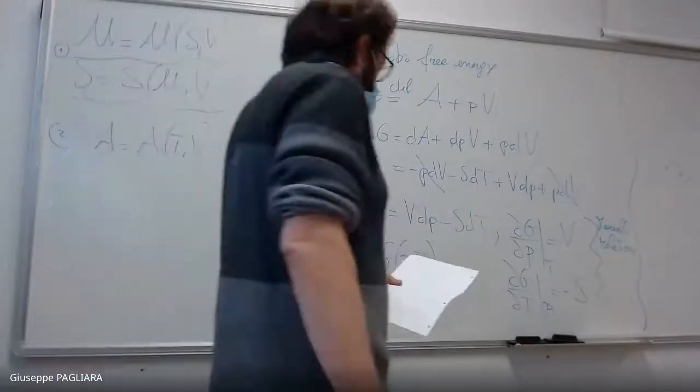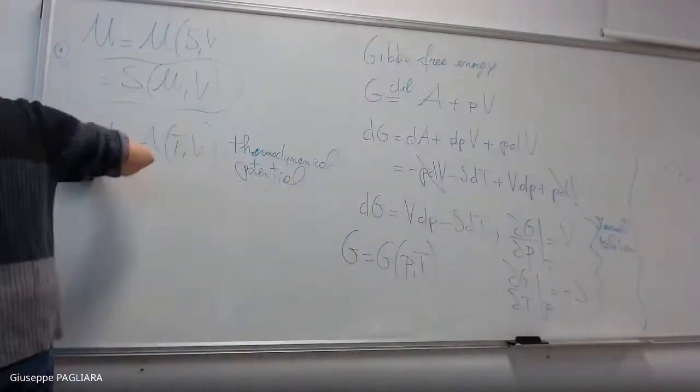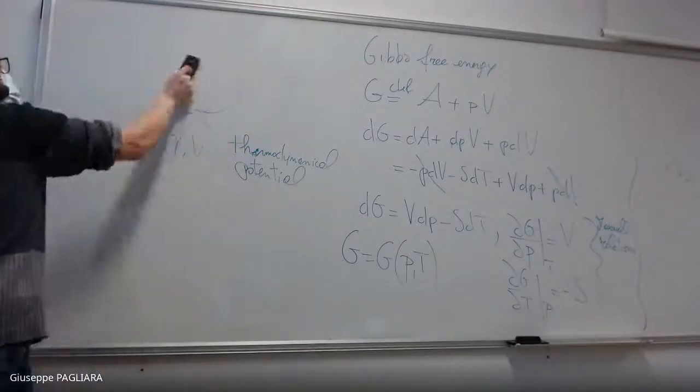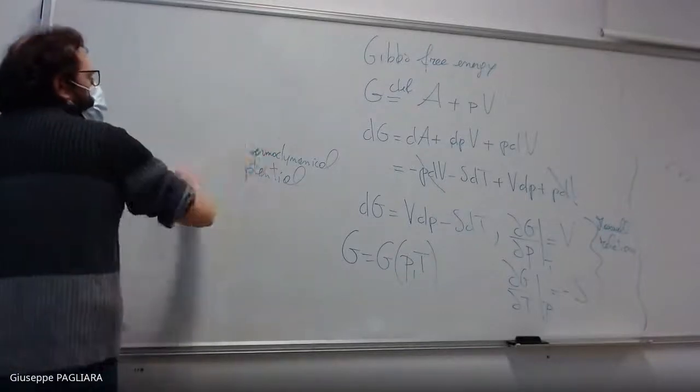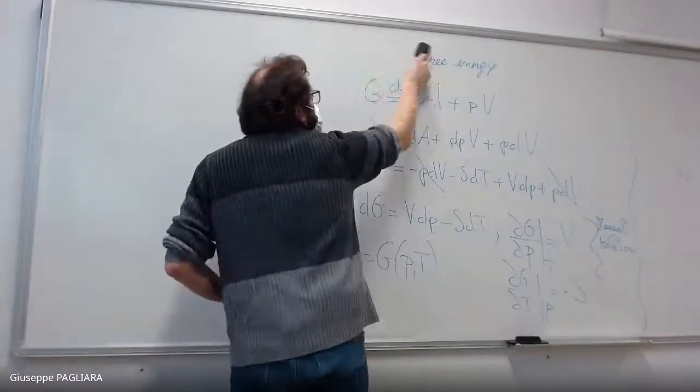Okay? To be complete, let me introduce another one, which actually will not be used in this course. I think that in chemistry they are much more used to it. It is the enthalpy.